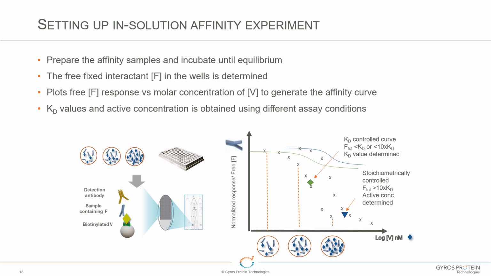And that leaves us with all of the fixed interactant being consumed before we've consumed all of the variable interactant. Versus in a stoichiometrically controlled situation, we can measure more accurately the active concentration of the target. And here, the fixed concentration is 10 times KD or more, in an effort to consume all of the variable interactant as we approach zero.